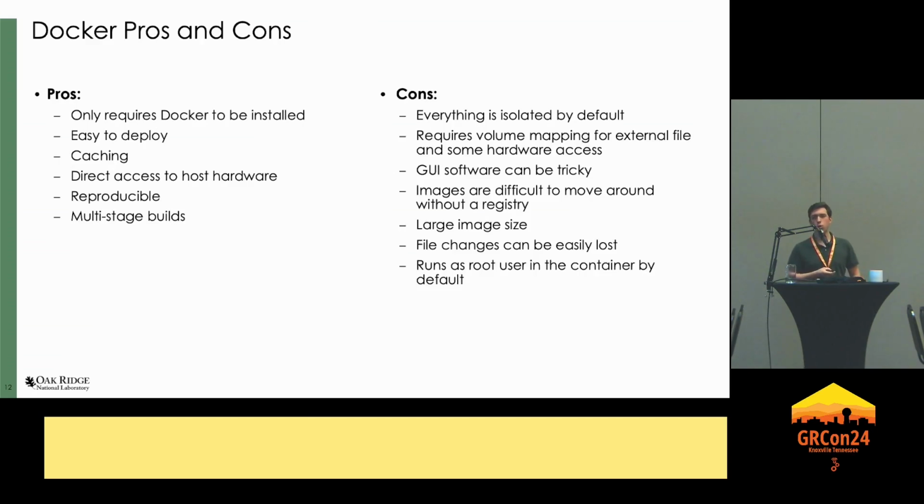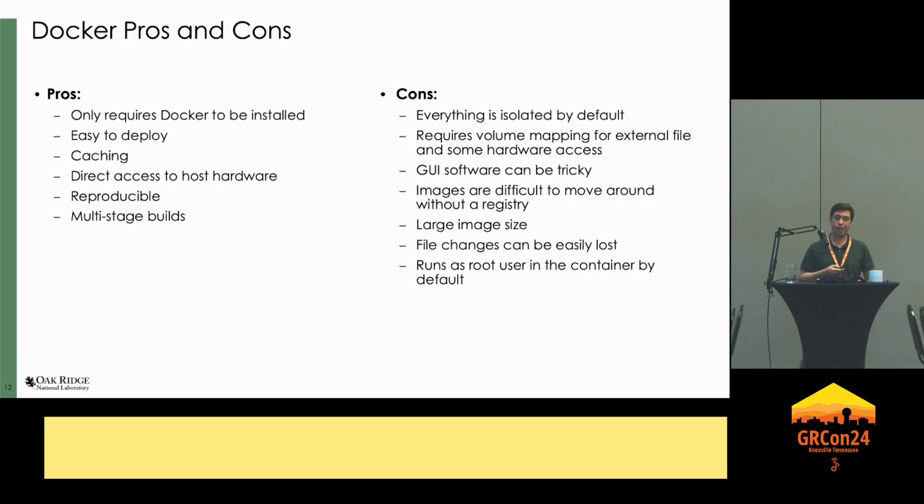So, a quick overview of the pros and cons of Docker. Once you've built your image, to run it on another machine, all you need is Docker installed. That's a very quick install, maybe 2 to 5 minutes depending on your machine speed. Then you just run a command and pull down your image. Like I said, it's easy to deploy.